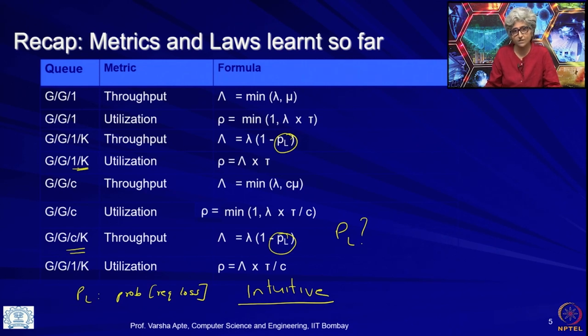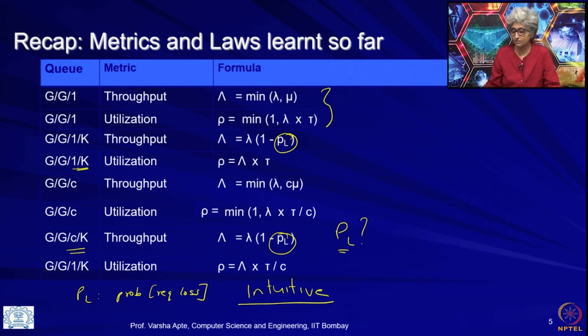There is a lot of advanced mathematics called stochastic modeling that is required to actually answer these questions properly. This PL, you can calculate if you can make some mathematical assumptions. But there are some questions you can ask about the system which need very little maths. This did not need much maths for the infinite buffer systems, it was just a lot of reasoning.